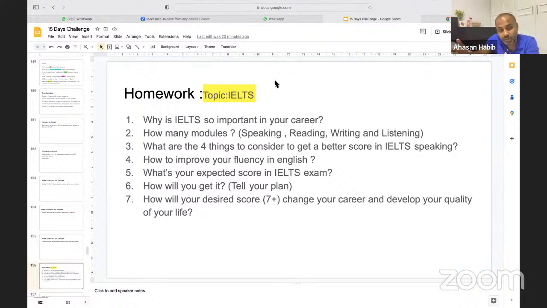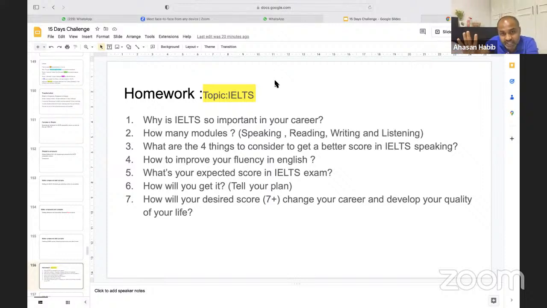And furthermore, I'll be a student and I'll have 20 hours work permit. So I need to find a job as well to survive there. So if I get a better score in IELTS exam, especially in speaking, it's going to help me a lot to find a job. And yeah, that's why IELTS is so important.